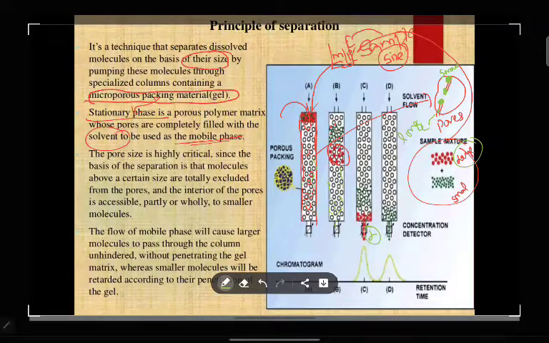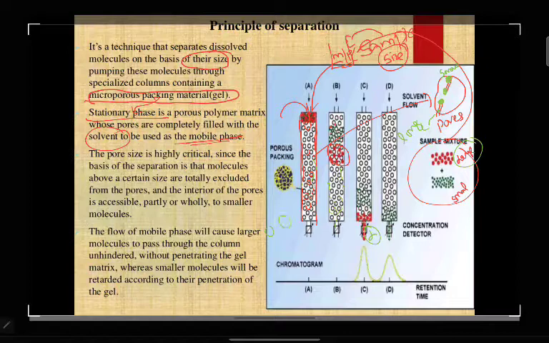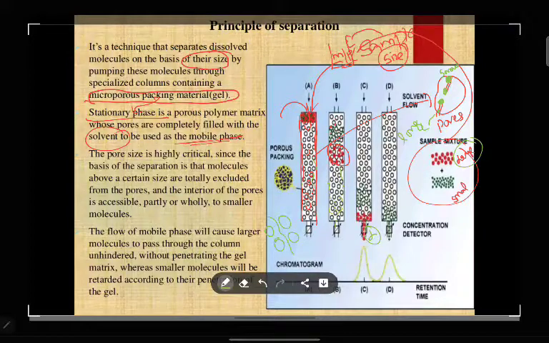So that space is called void space or void volume. So void volume or void space is nothing but, these are our stationary phase particles. In between the stationary phase particles a gap is there, no? So in this gap only mobile phase will be occupied. Now through this gap large size particles are going to come first. So these spaces are called void spaces or void volume.